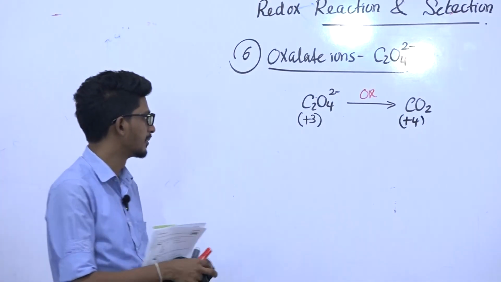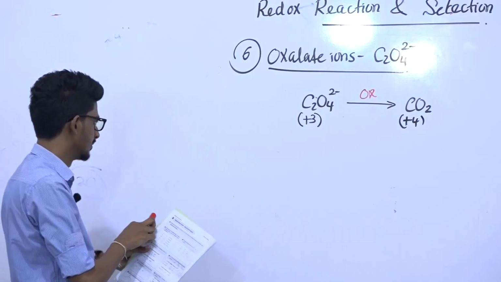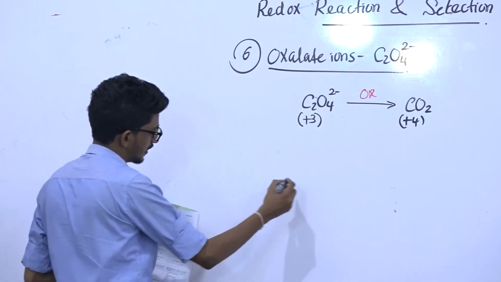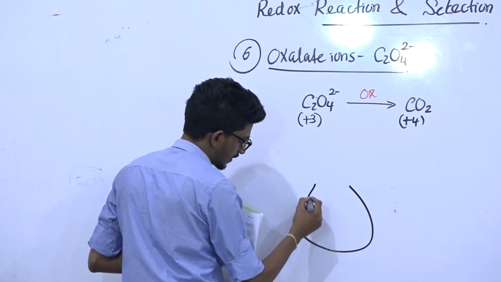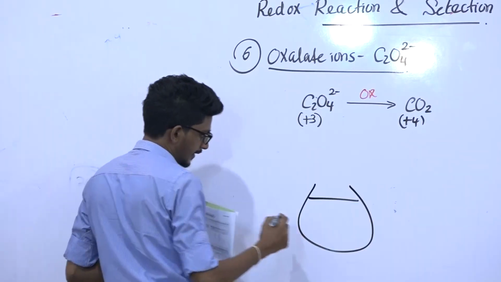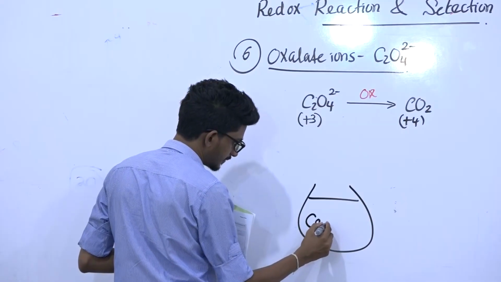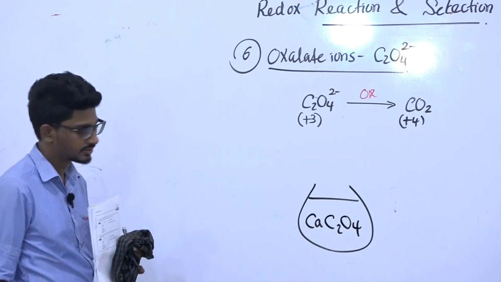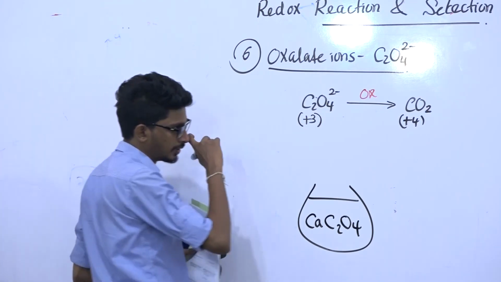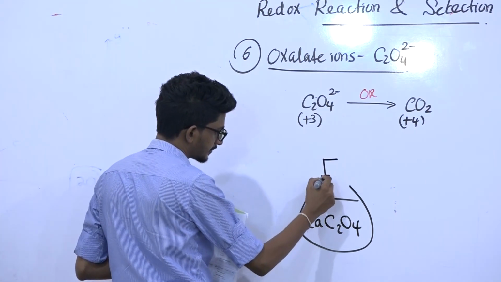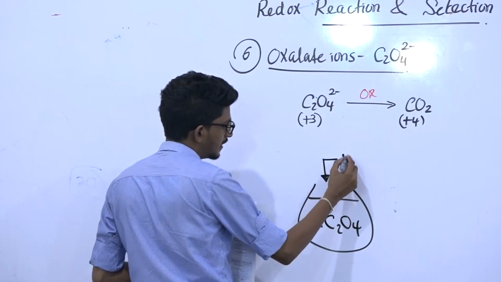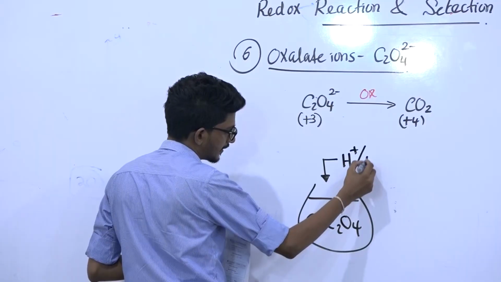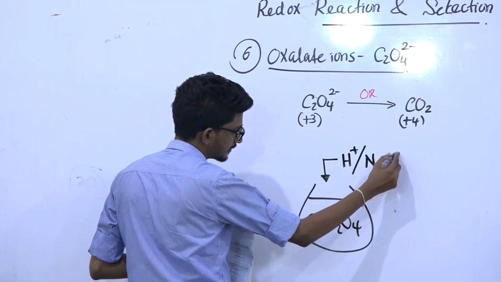So if you need some example, it's like this. Say you have calcium oxalate here, and you are adding some acidic medium, sodium chromate to this thing.